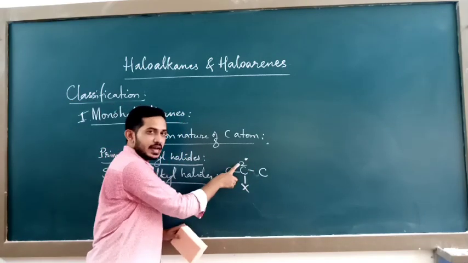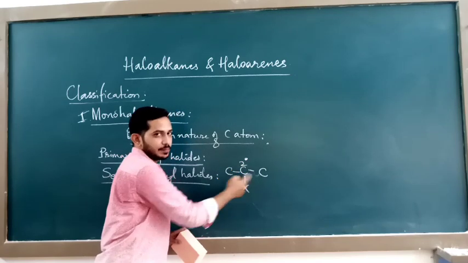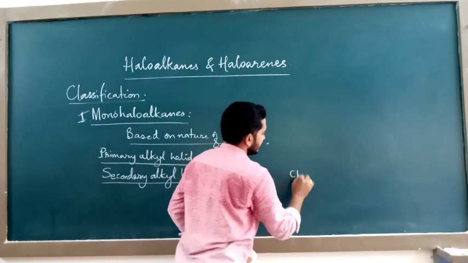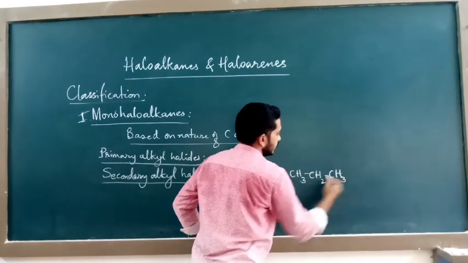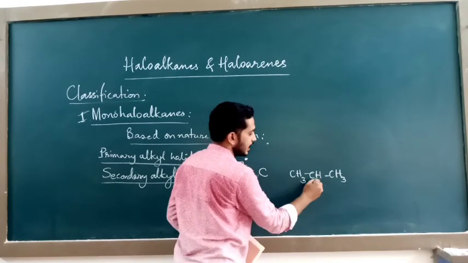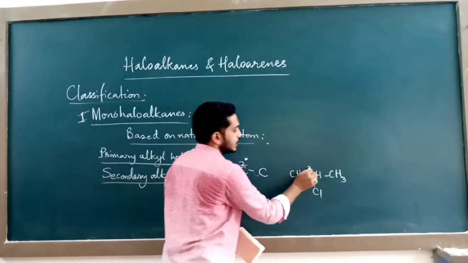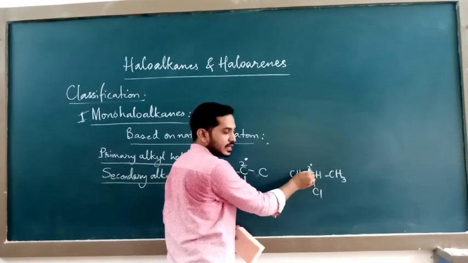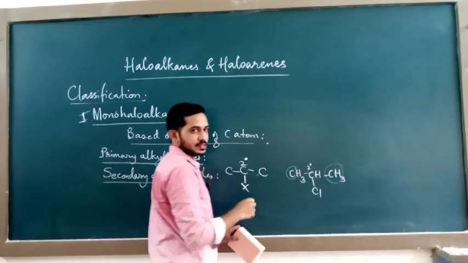What is a secondary carbon? A secondary carbon is the one which is attached to two carbons. Example, CH3CH2CH3. If I replace one hydrogen from the middle carbon by one halogen, then this becomes a secondary carbon. Why? Because it is attached to two carbons on either side.